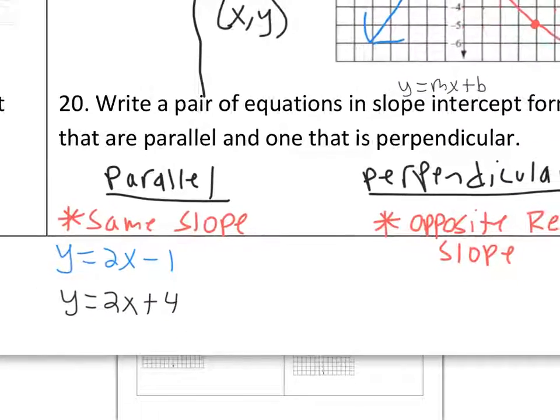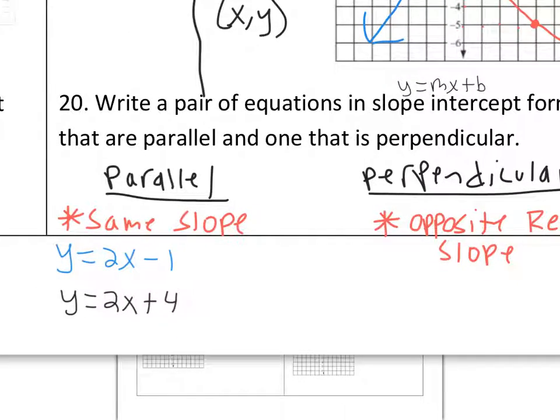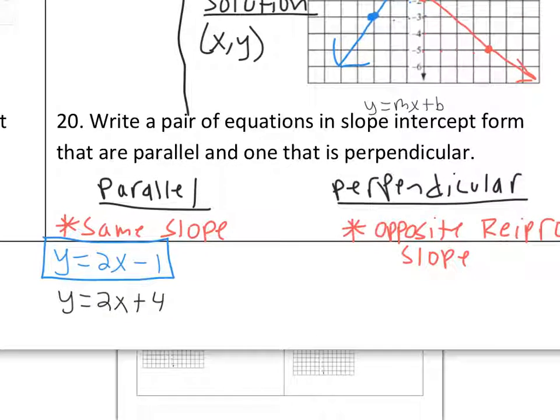Okay, and now the perpendicular equation to this blue line. It does not have to be anything specific, just something that has the opposite reciprocal slope. So for a perpendicular, the m is going to be the reciprocal, which would be 1/2, and then the opposite sign, so it'll be negative 1/2.